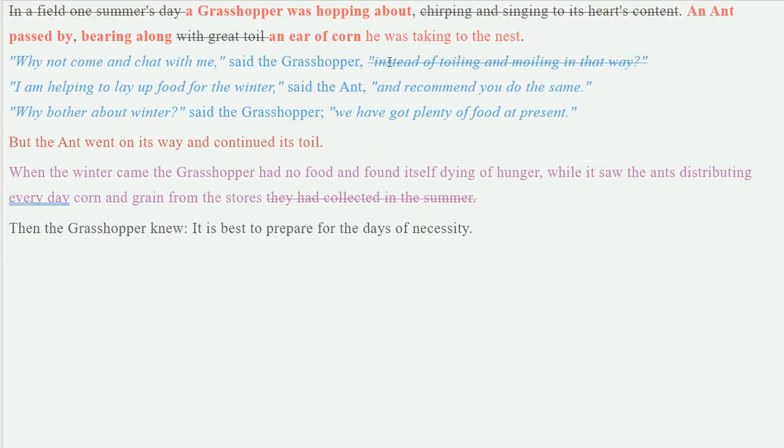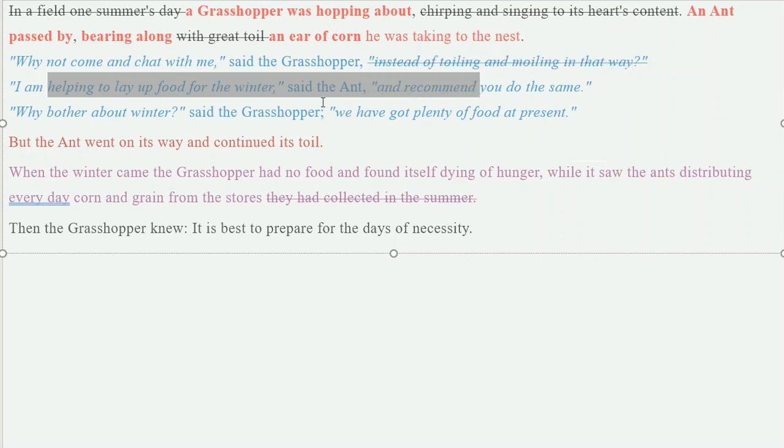So we could remove it because it made no difference to the sentence whether this particular addition was there or not, right? We could easily say, why not come and chat with me, said the grasshopper. I am helping to lay up food for the winter, said the ant, and recommend you do the same.